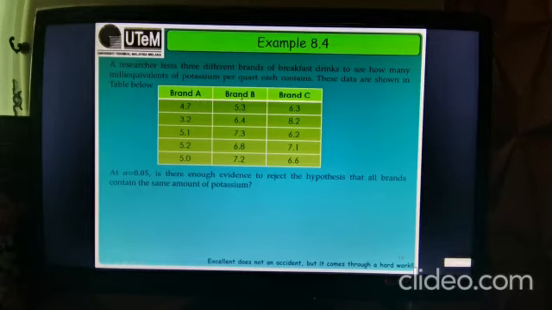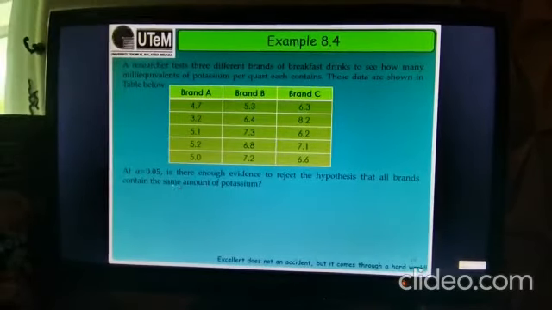We have brand A, brand B, and brand C. For each brand, we have 5 samples, so N1 is 5, N2 is 5, and N3 is also 5. The sample size can be different from one group to another, depending on the question or situation. At alpha 0.05, is there enough evidence to reject the hypothesis that all brands contain the same amount of potassium? The keyword here is same.